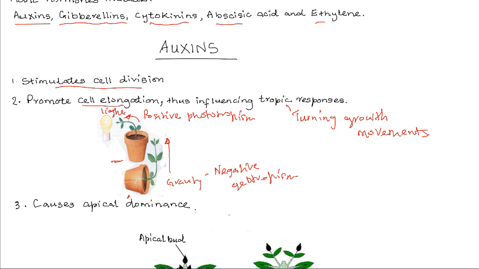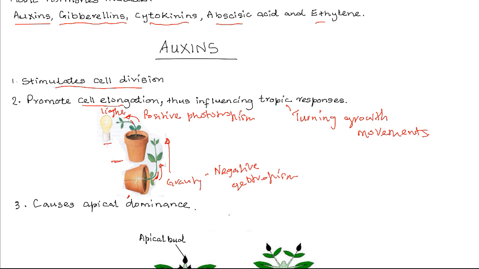And the bending comes about because of an unequal cell elongation caused by an unequal distribution of auxins. So in this lower part, we have a higher concentration of auxins that stimulate more elongation. And that's how the shoot bends away from gravity. Same case in the case of light.